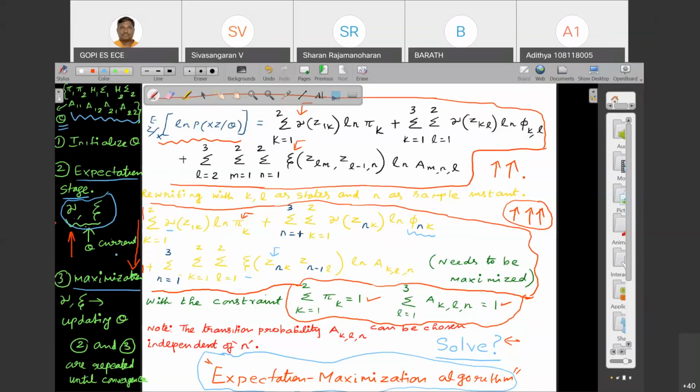Of course, this HMM is a lengthy process actually. Can we use any value for theta in the initial case, right? Initialization itself is a problem. We have to initialize, of course, by using the k-means algorithm.